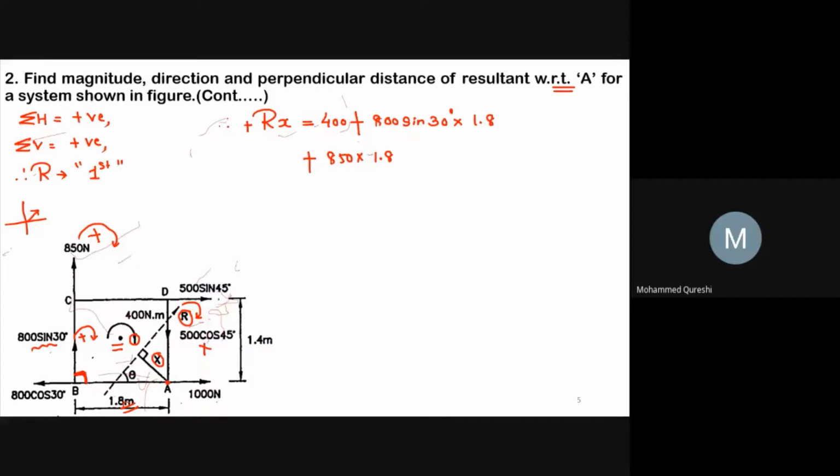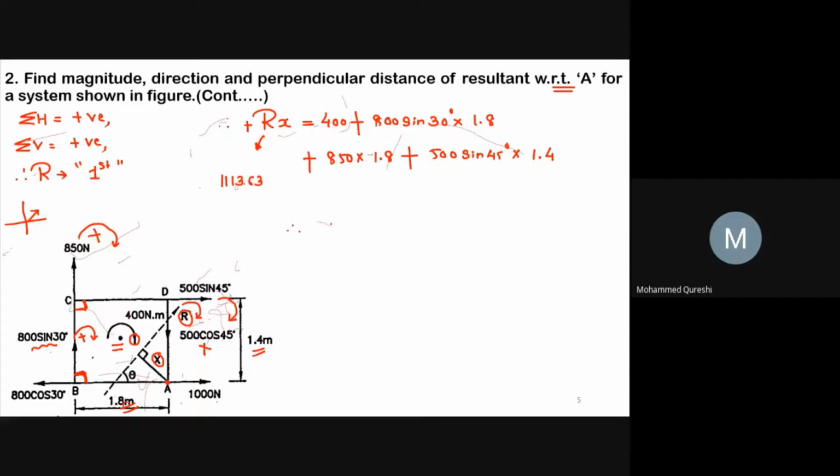As this 500 sin 45 move towards point A in clockwise direction, so I will write over here plus 500 sine 45 degree into, this makes the perpendicular distance of 1.4 meter with respect to point A. So here into 1.4, and the value of capital R we had obtained in the previous step as 1113.63.